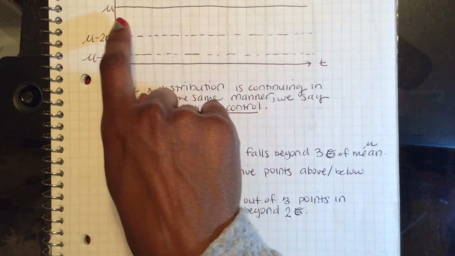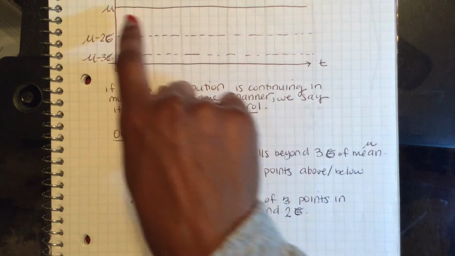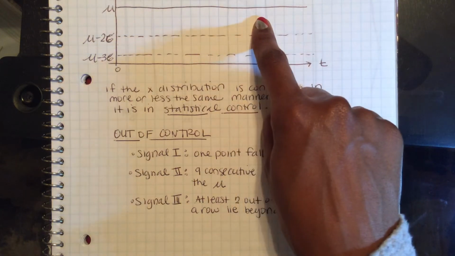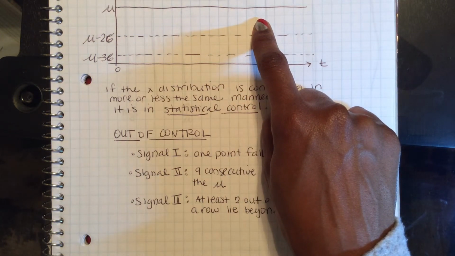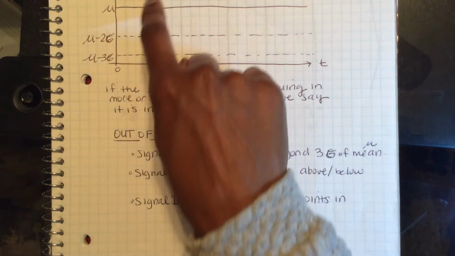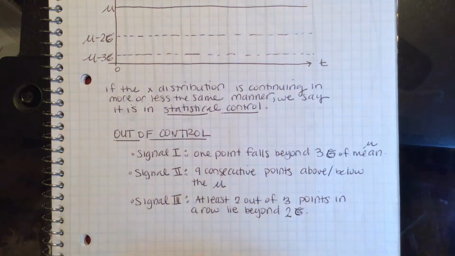So if I have 1, 2, 3, 4, 5, 6, 7, 8, 9 data points and they're all below my mean, that should be a signal that there's something that's not in control. We kind of want it to go an equal amount above and below our mean.